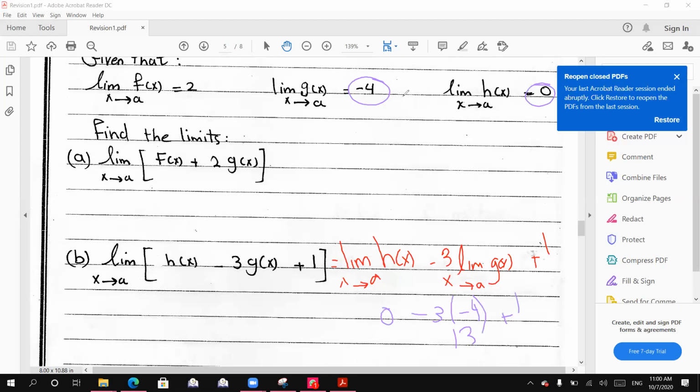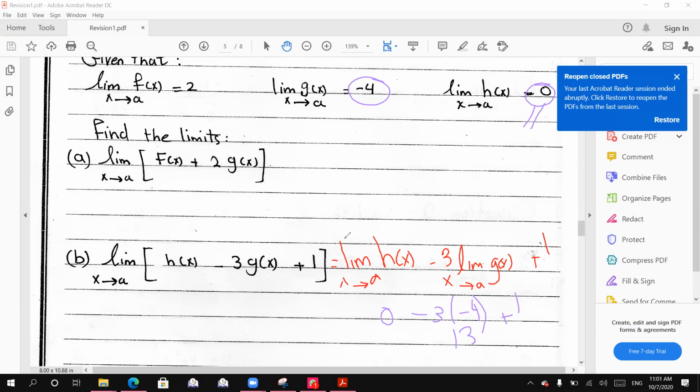Is it clear? No, Miss, may you repeat it? Yes. Limit h of x when x approaches a is 0, so I just put the value of 0 here. Okay, then 3 times limit g of x when x approaches a.